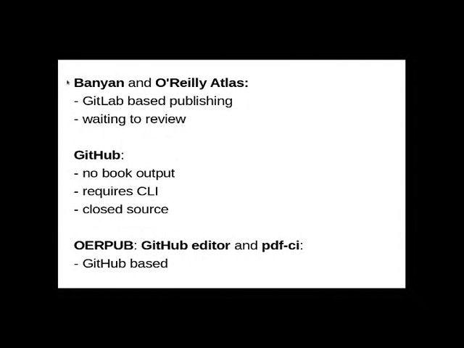The 2 projects which are most similar to ours are Banyan and OERPUB. They are both GitLab-based publishing tools. However, we are currently waiting to review both of them. We have contacted the Banyan team, and they said they intend to go open source in the near future.